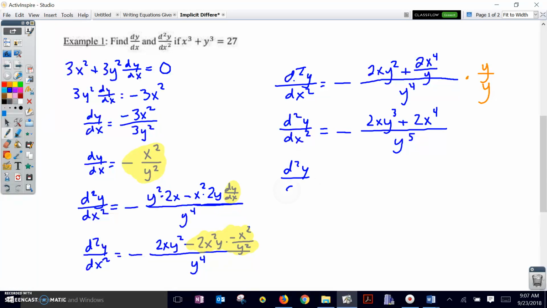This is one of my favorite simplifications now. We're going to factor a 2x in the numerator. And then we're going to replace this y cubed plus x cubed right here with a 27.